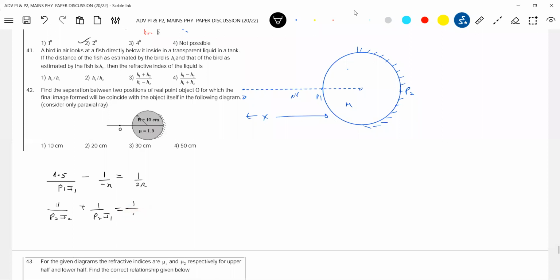Let me substitute the sign always. This we don't know: P2I1 is R plus P1I1.